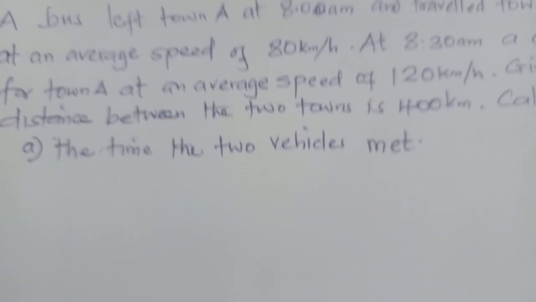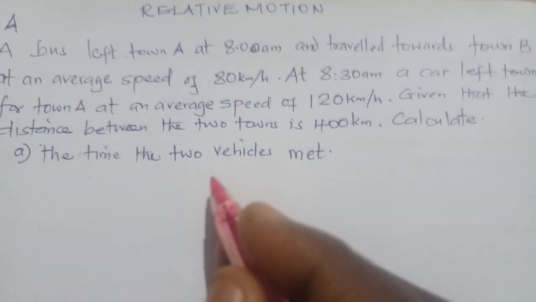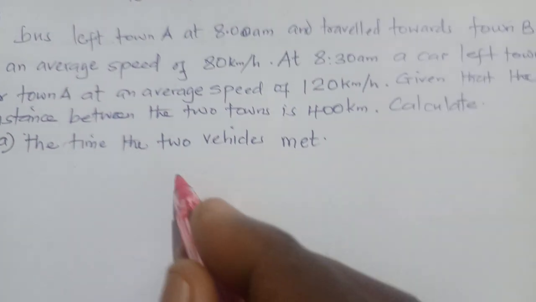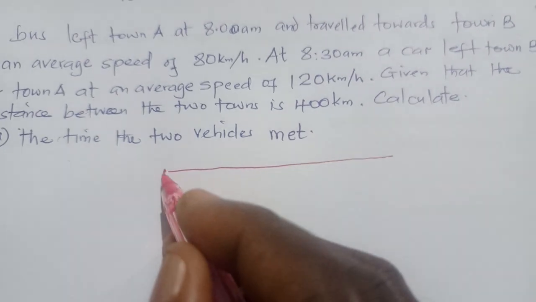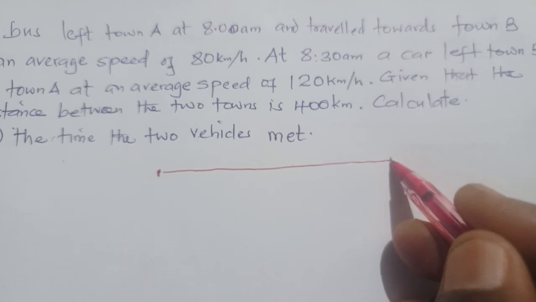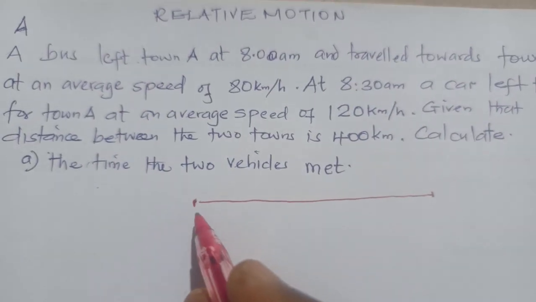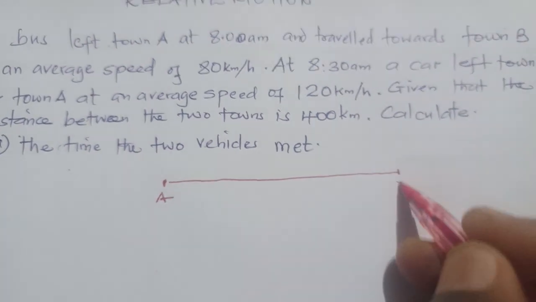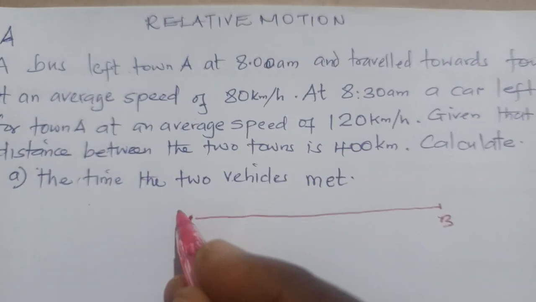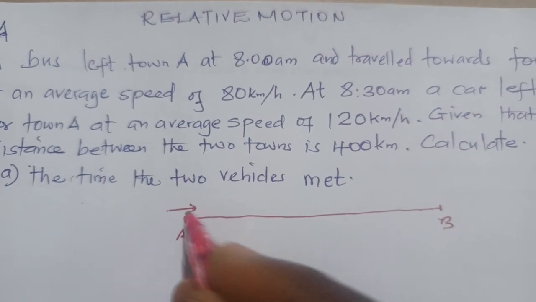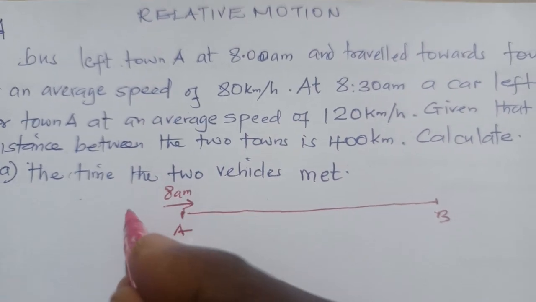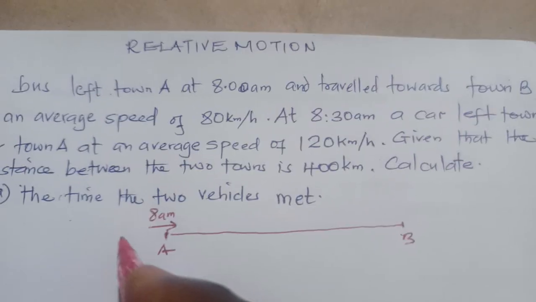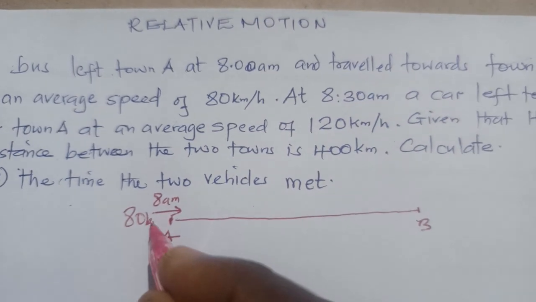Now, when you're given this, to begin with, it's advisable you just draw a bit of a sketch to show the location and the distance between the two places. Now we have town A and town B. So the bus leaves town A at 8 a.m. at a speed of 80 kilometers per hour.